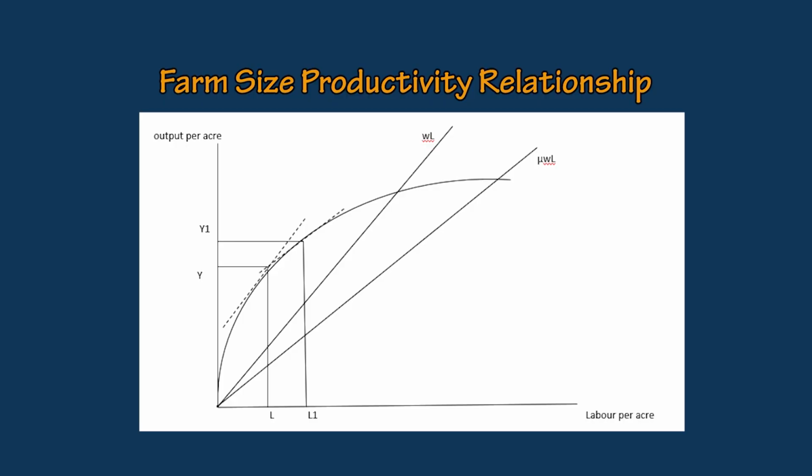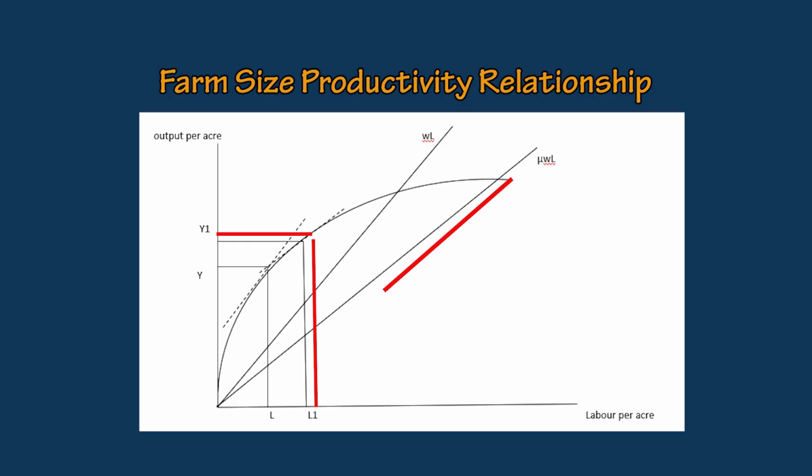What about the small farm? For the small farm, the total labor cost will be mu WL instead of WL. Now, this is represented by the flatter positively sloped line, which is denoted here by mu WL. Now, for the small landowner, the profit maximizing level of employment and output will be L1 and Y1.